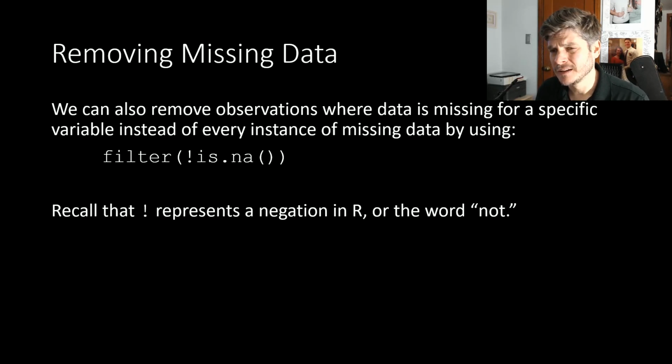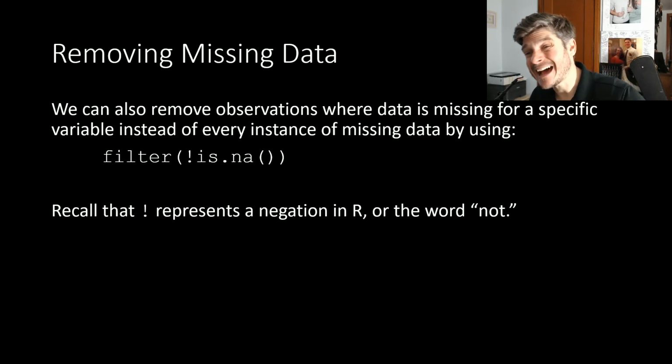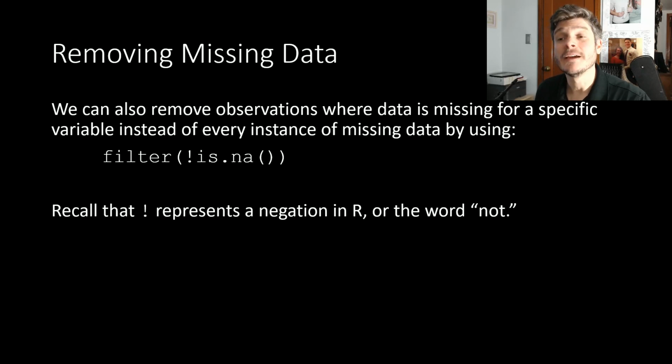But the is.na would say it's true when it's missing. But I don't want the missing data. I want the data that exists. I want the non-missing data. So that's why we need to include that exclamation point, because the exclamation point will make sure that we're preserving everything that is not NA. And again, that's kind of how we would read the inside of that function. Filter my data frame and preserve everything that is not missing, that is not NA.